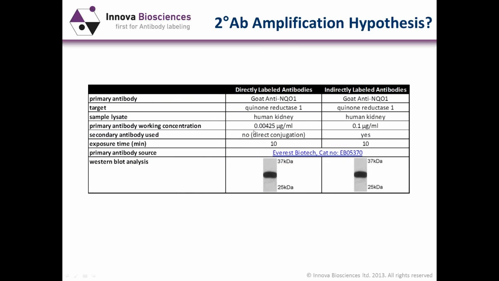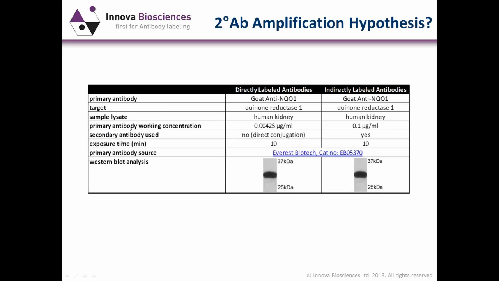Now, we've done this for a panel of 4 antibodies, and this was independent of our scientists. This was an outsourced project where we took the same antibody and this protein, quinone reductase 1, ran it on a gel, and labeled the same antibody directly with HRP or indirectly using secondary HRP-labeled antibodies.